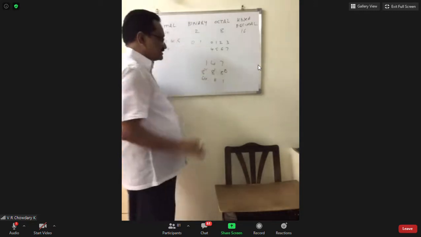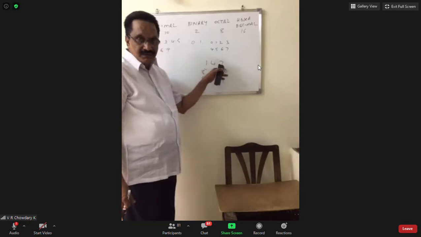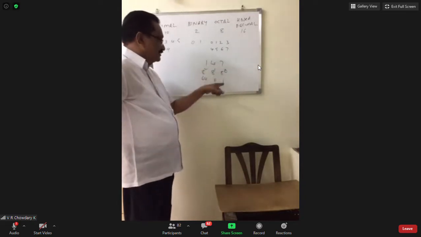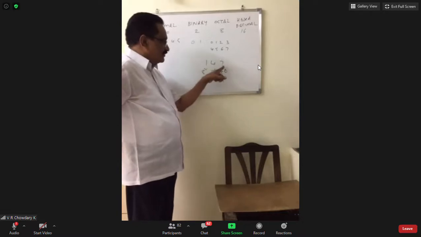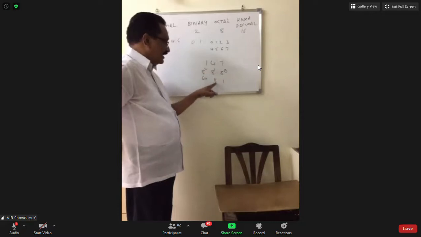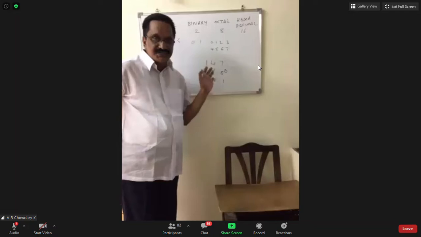Their decimal equivalents. So for example, for 147, for this digit coefficient, the weight is 1. For this digit coefficient, the weight is 8. For this digit coefficient, the weight is 64.